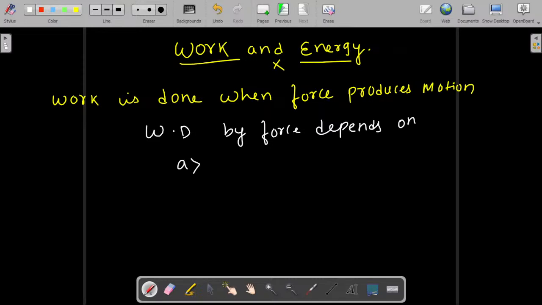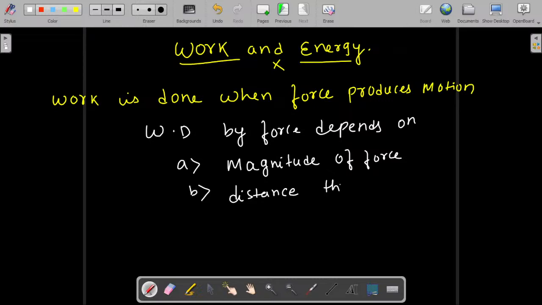First, magnitude of force. Second, distance through which a body moves. Distance through which, I will explain it.